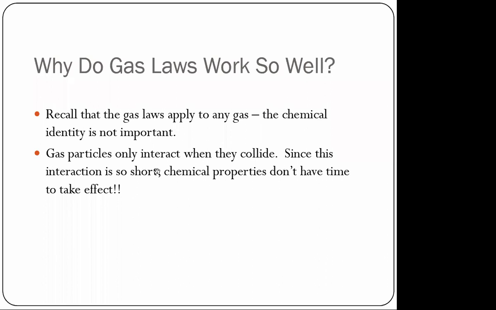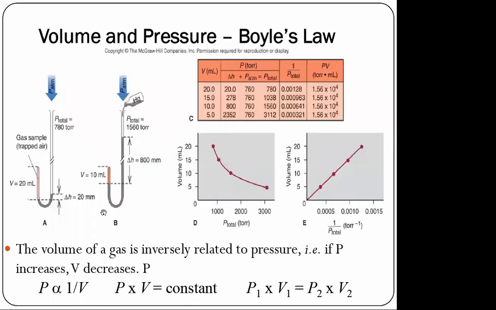Gas particles only interact when they collide. Since the interaction is so short, the chemical property doesn't have time to take effect. Because there is no chemical change, the collision does not lead to chemical interaction. It helps the gas law to work.